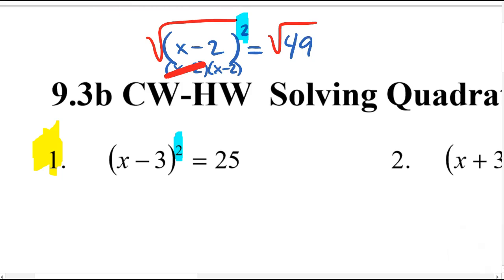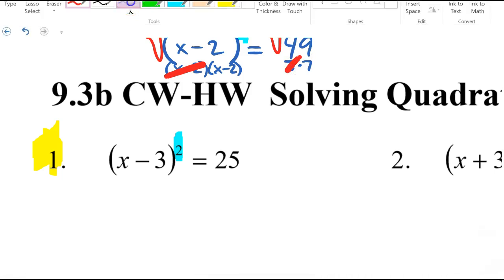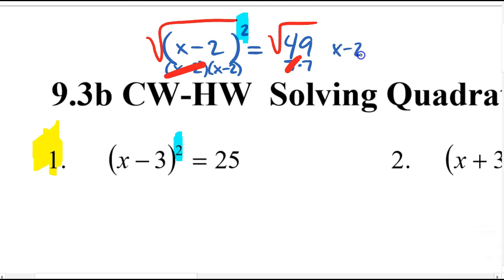And it does the same thing to this 49, but in a different way. Remember, 49 is 7 times 7. And when you take the square root of that number, it takes away a 7. And that's why we're left with x minus 2 equals 7, but then don't forget plus and minus.